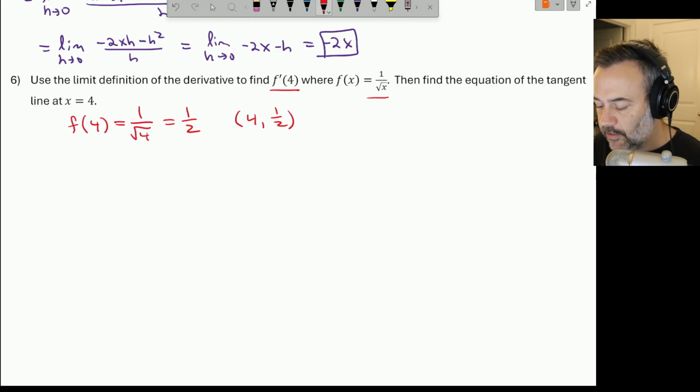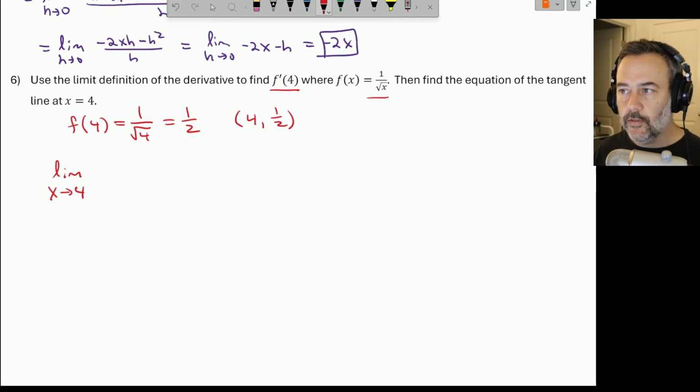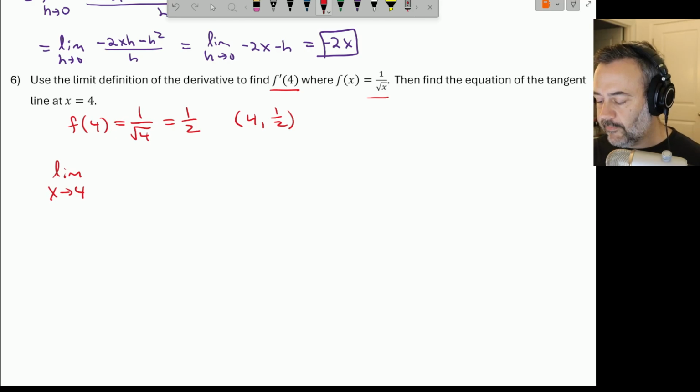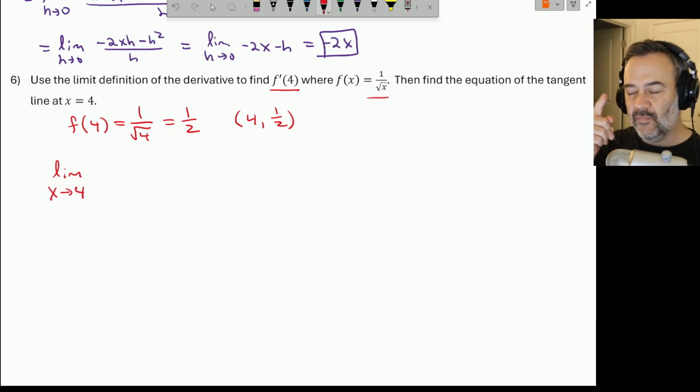So I need the definition of the derivative at a point. I'm going to use this version. I actually like this version when there are radicals, and in certain cases when I know things are going to factor and cancel, or if I need to multiply by the conjugate.